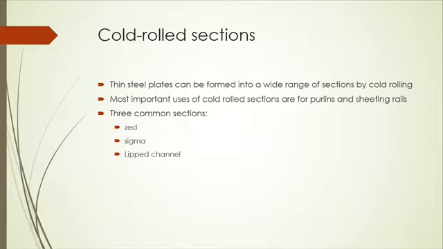And next is a cold rolled section. Thin steel plates can be formed into a wide range of sections by cold rolling. So not hot rolling, you cold roll it. Most important uses of cold rolled sections are for purlins and sheeting rails. Purlins are basically for staging for your steel structure. For slab, they use purlins there before applying a slab deck.